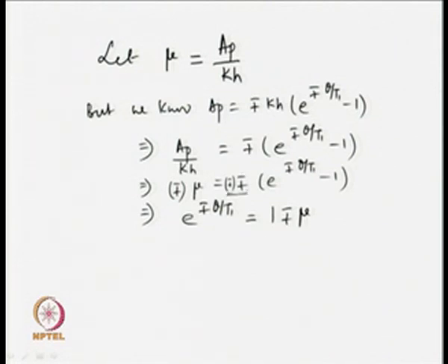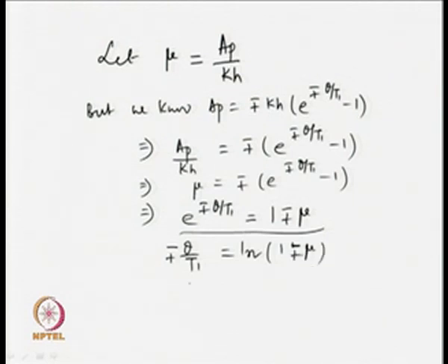That is how we are able to obtain an expression of this form, which on taking the natural logarithm further gives us minus plus theta upon T1 is equal to ln of 1 minus plus mu, which implies theta is equal to minus plus T1 times natural logarithm of 1 minus plus mu.